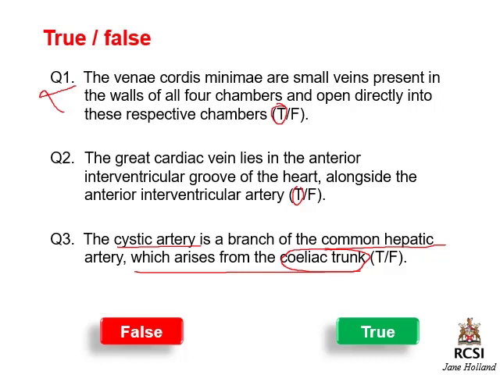So does this person who's asking this question mean, can it come from the right hepatic? Can it come from the common hepatic? Because it can. It's not the best answer. So do I pick true or false for this? So candidates who actually knew a lot about the material would just get confused as to, with this sentence, do I answer true or do I answer false? So it wasn't easy.